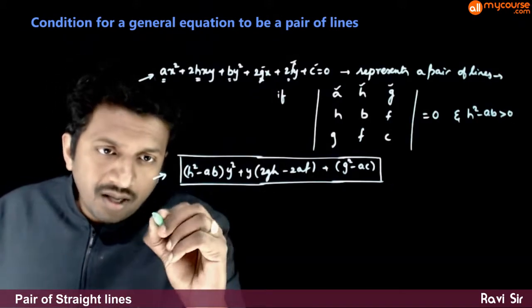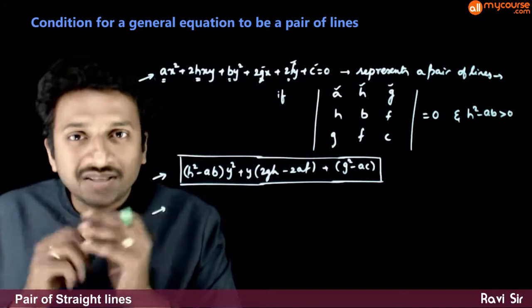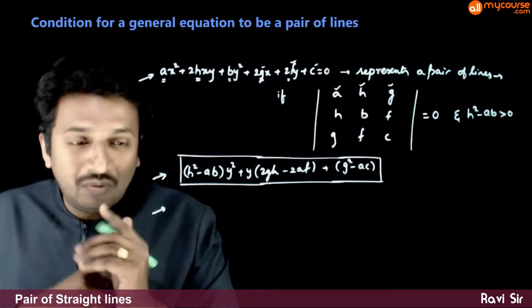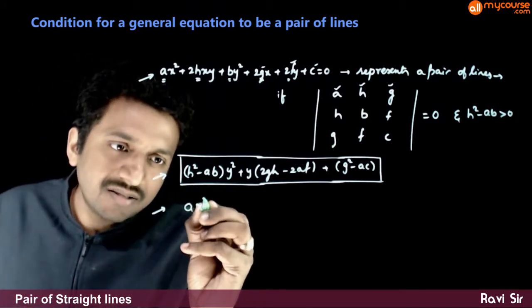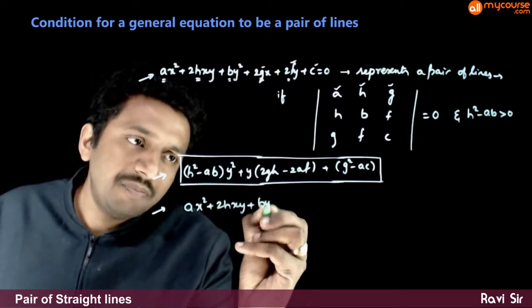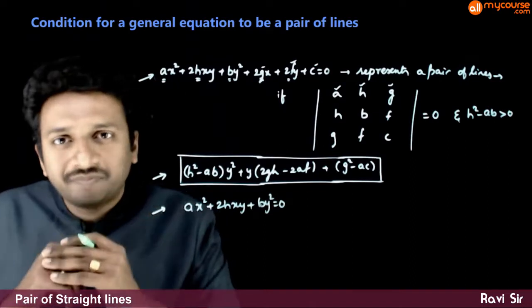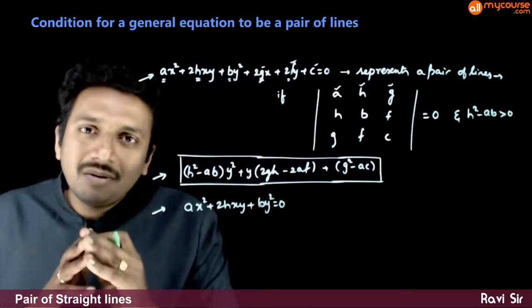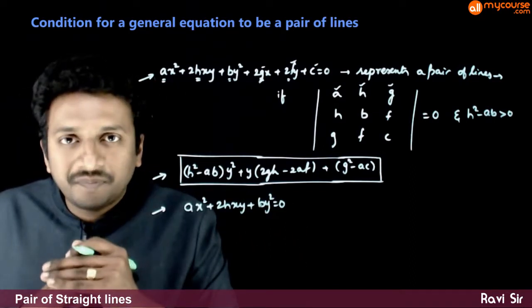Next, if you look at the homogeneous equation, that is the small equation. So if you have ax square plus 2hxy plus by square is equal to 0, what can you say about this equation?